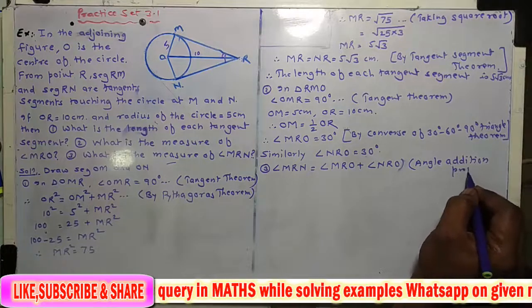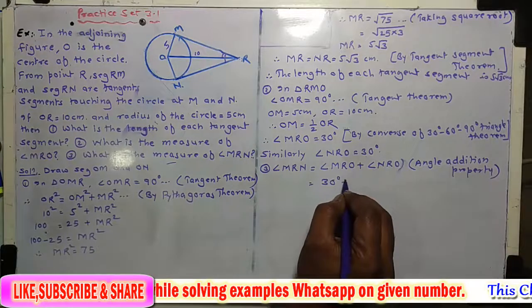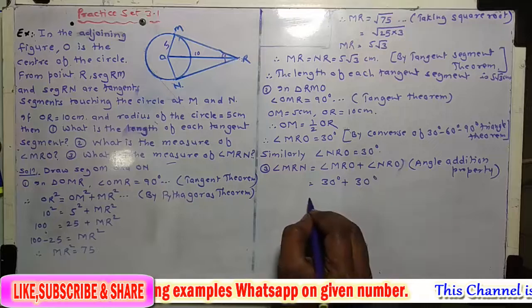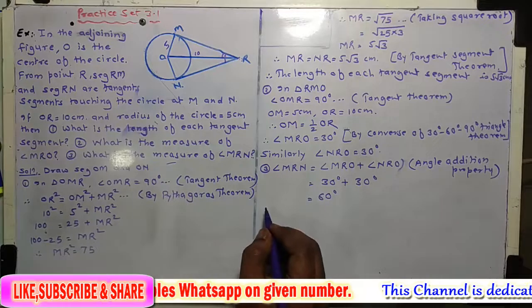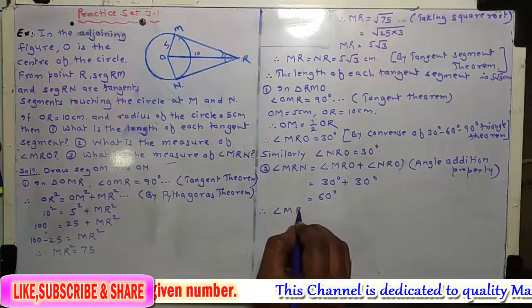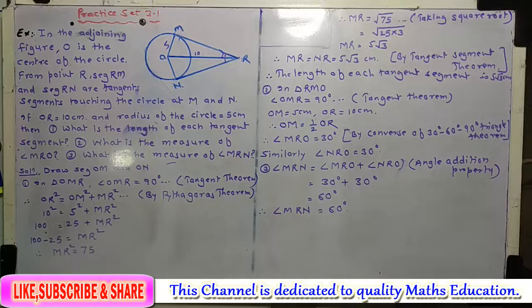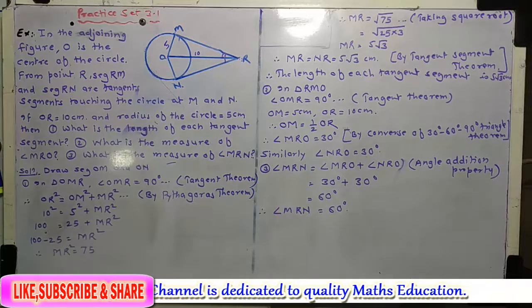Yes, any doubt in this? That is equal to 30 degree plus 30 degree, that is equal to 60 degree, and therefore angle MRN is equal to 60 degree. So in this way we have to solve this second example from practice set 3.1.